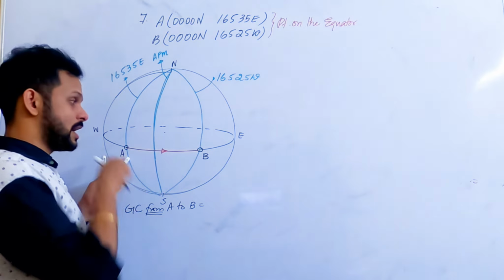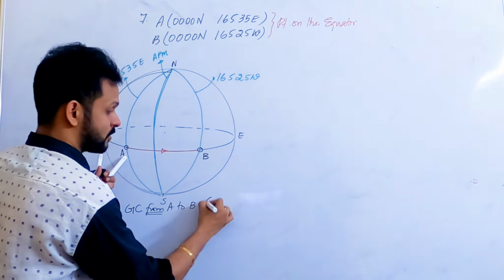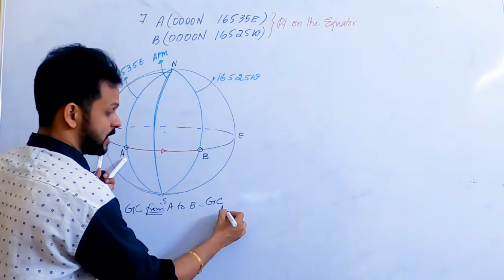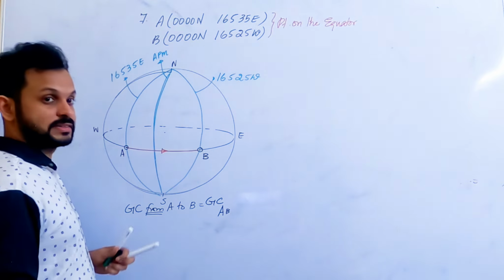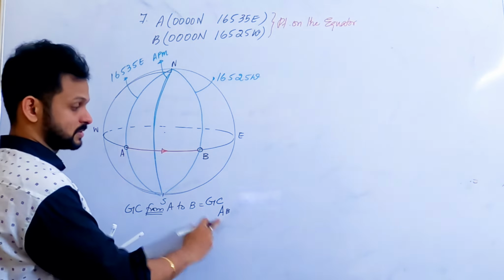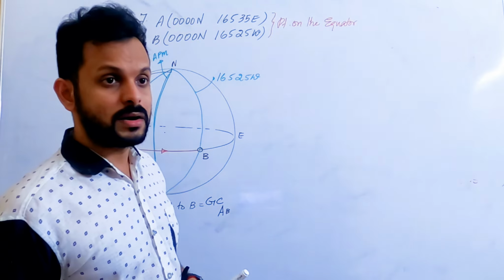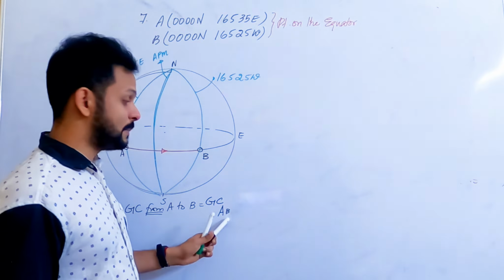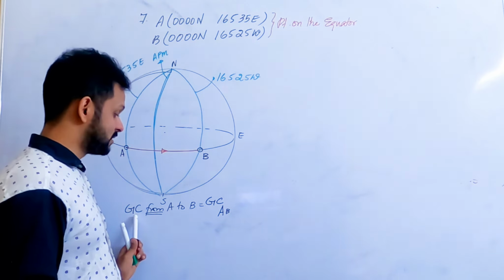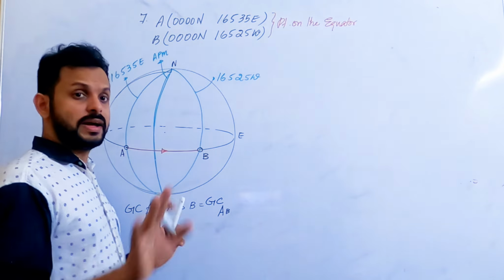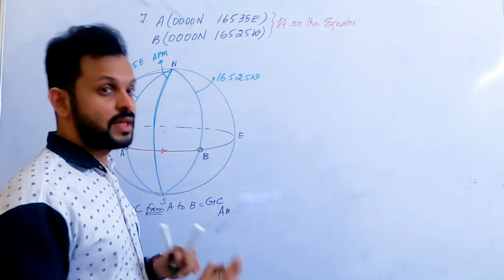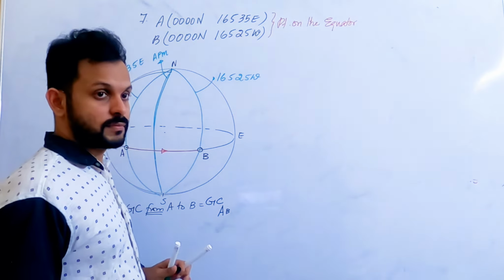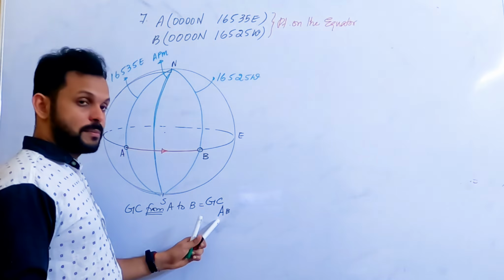From A, I'm moving towards B. So I write great circle track from A to B. Where I start, the from is always written first. This is only my way of writing it. Sometimes textbooks give you GCBA and say it is great circle track to B from A. As long as your understanding is correct, it's going to be the same.